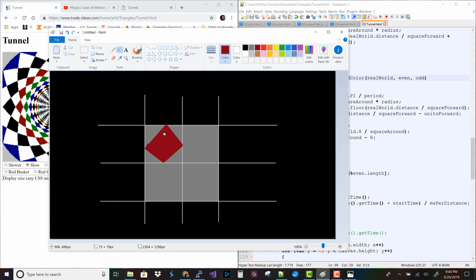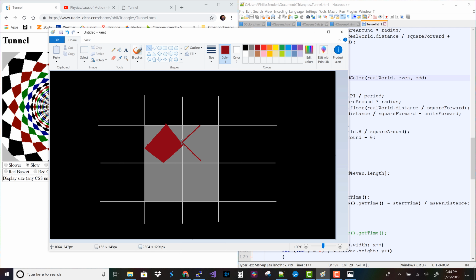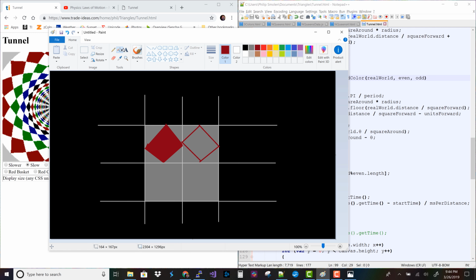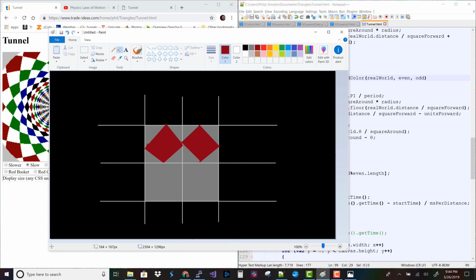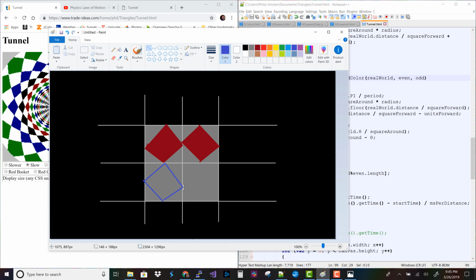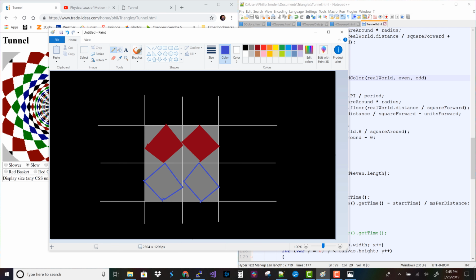We fill in a diamond of whatever color it's supposed to be. In fact, let's do a second one real quick. And flood fill. And then the next one, I guess, is a dark blue. And flood fill.